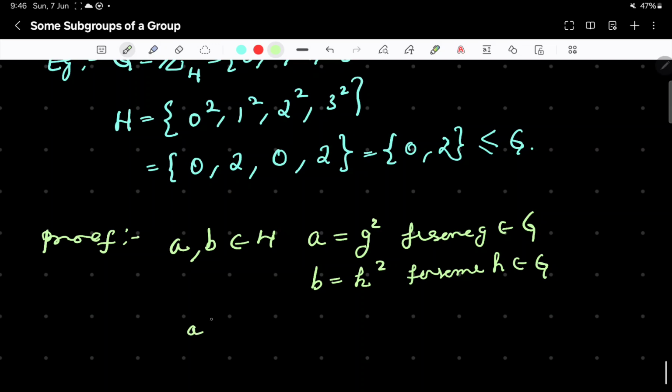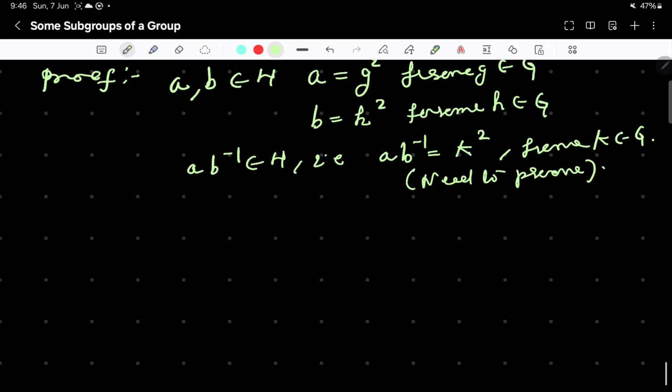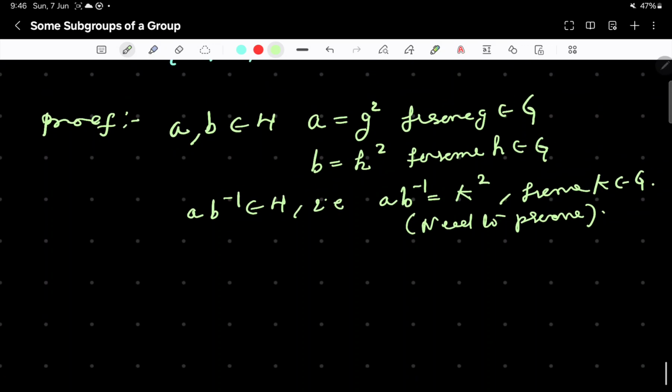What we need to prove is that A B inverse is in H. That is, we need to prove that A B inverse equals some k square for some k in G. So how do we do that? We multiply A B inverse.